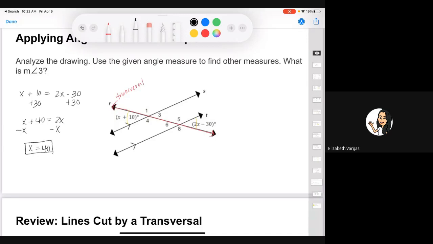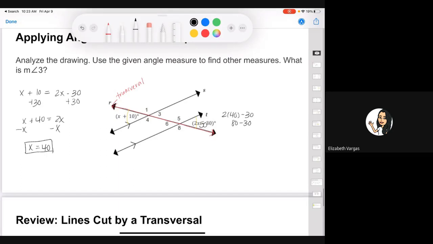Okay, so now I know x is equal to 40, I can plug that in. So 2 times 40 is 80, minus 30, which is 50. Okay, that means that this is also 50.